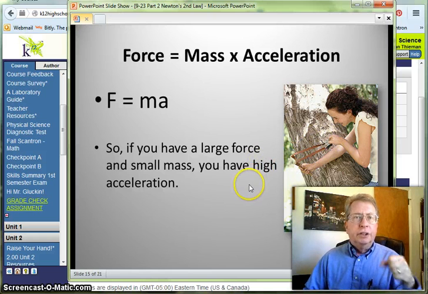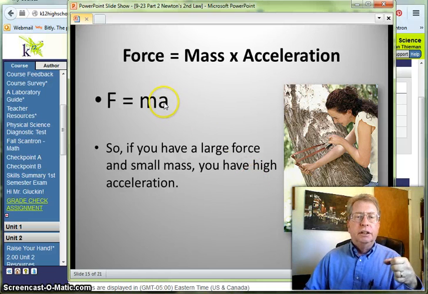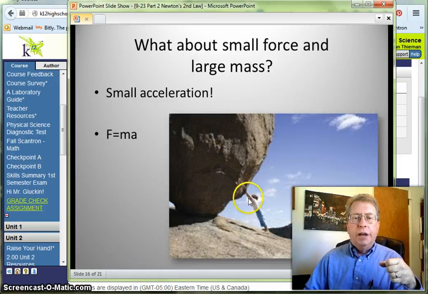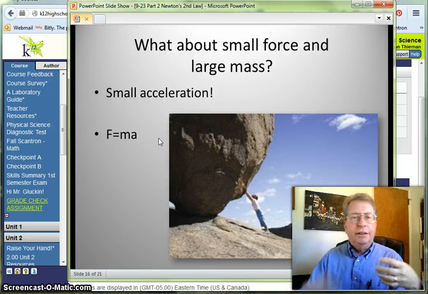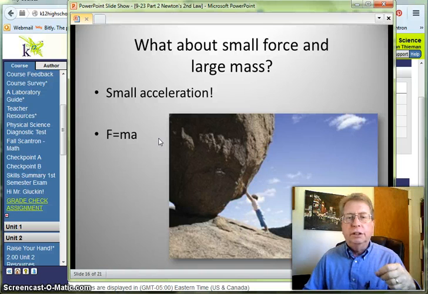So is there going to be a lot of acceleration? You bet. A lot of acceleration if you've got a lot of force and a small mass. On the other hand, if you have a small amount of force and a large mass, you're going to have very little acceleration. That's how those things all relate to each other.